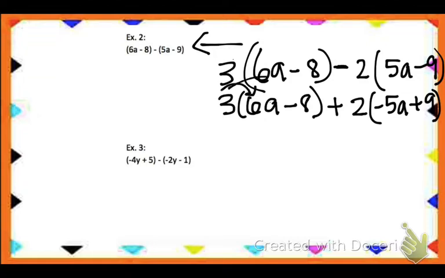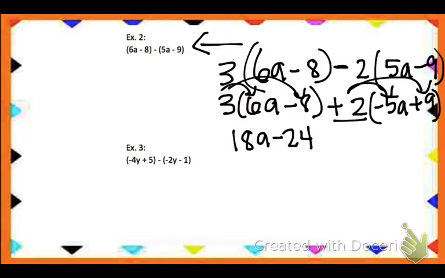So I'll distribute my 3, and that'll get me 18a minus 24. And I'll distribute that positive 2, so it'll give me positive 2 times negative 5 is minus 10a, negative 10a. And then positive 2 times positive 9 will give me plus 18.